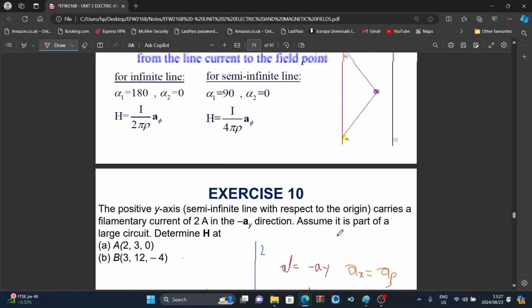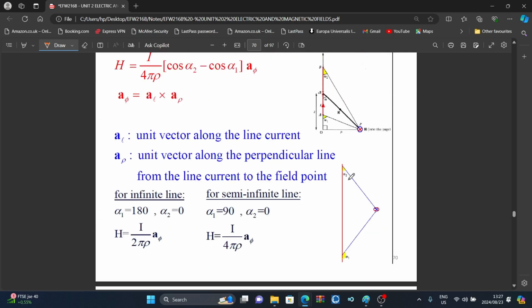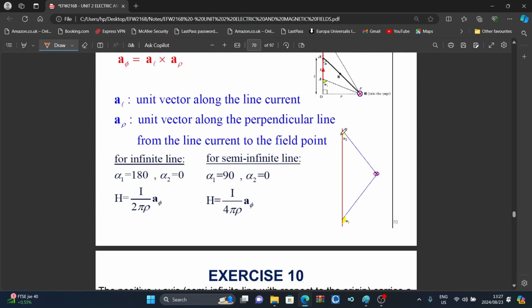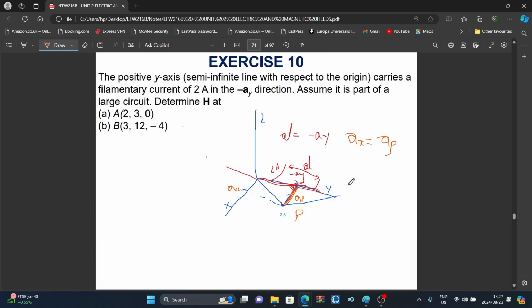Now we need to find some angles. As you can see from this diagram, we have our alpha 2. Just remember, you always draw this diagram with respect to the current-carrying conductor, or the line where the current is flowing.